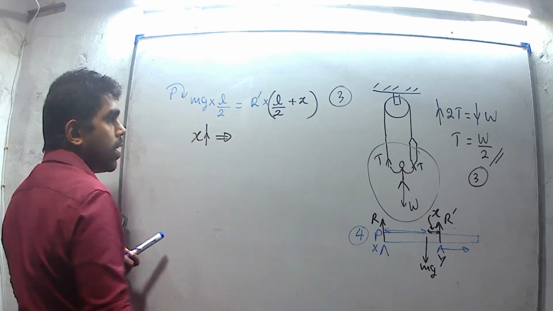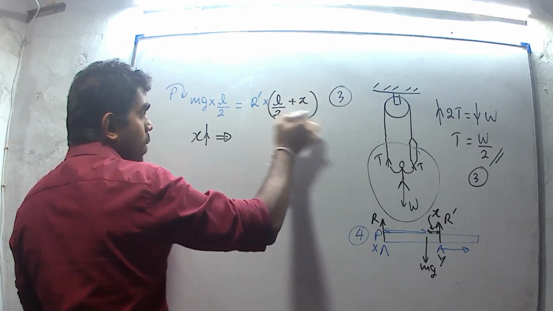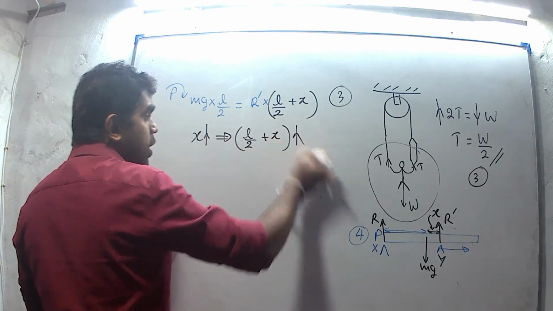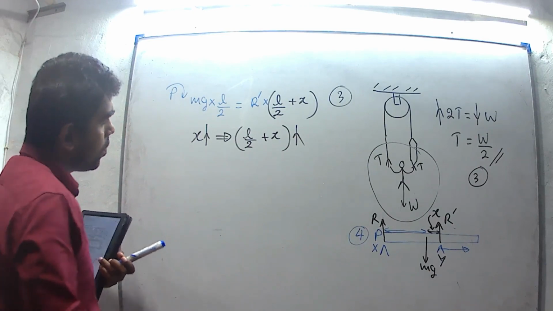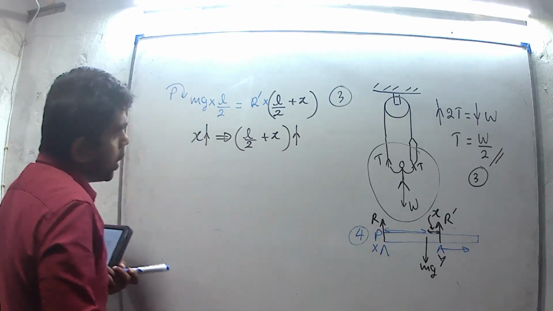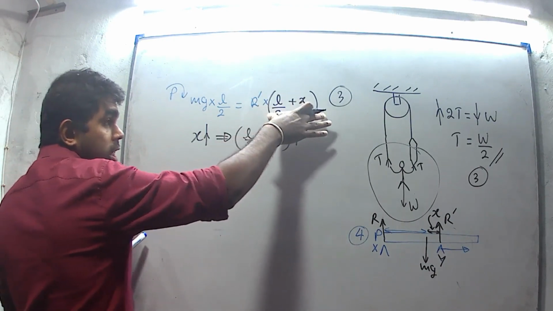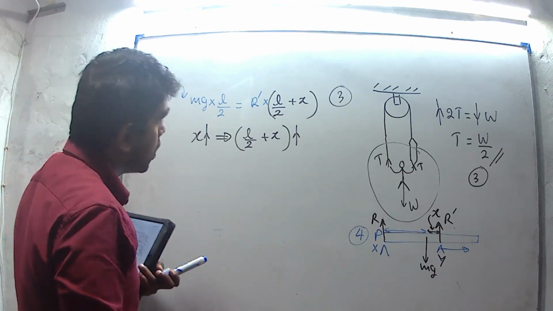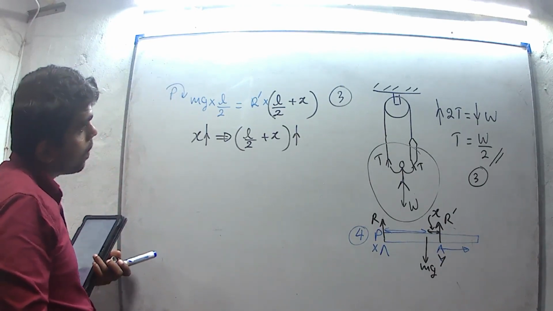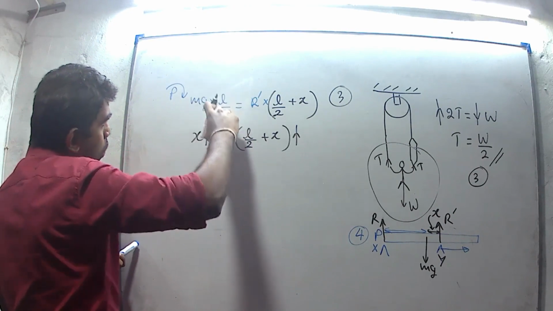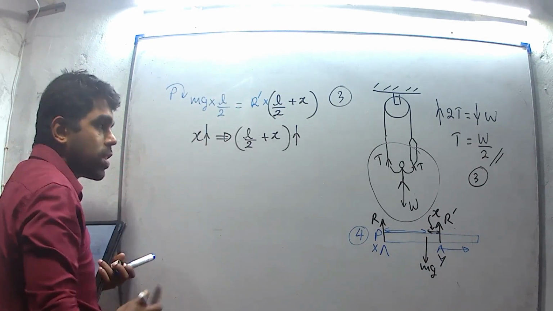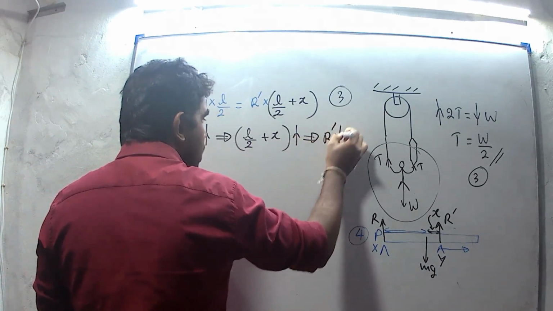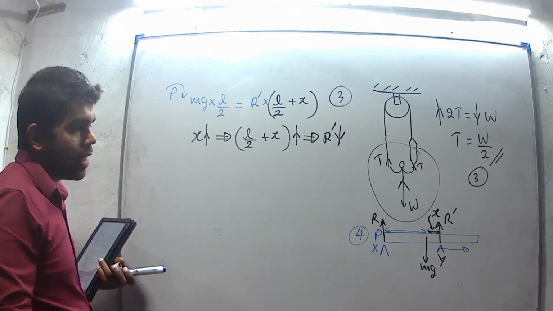It means this value L over 2 plus x also is increasing. Now, if the perpendicular distance is increasing, the reaction should decrease because mg into L over 2, the torque on the left hand side, is constant. Therefore, we can consider that R dash decreases.